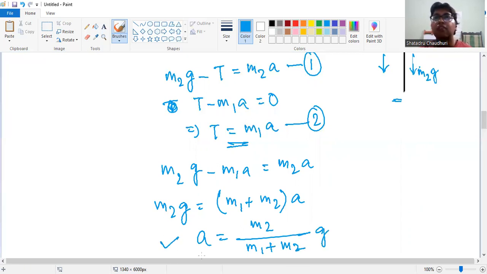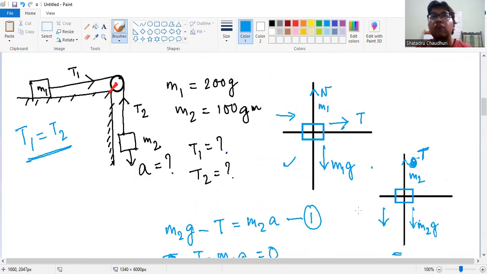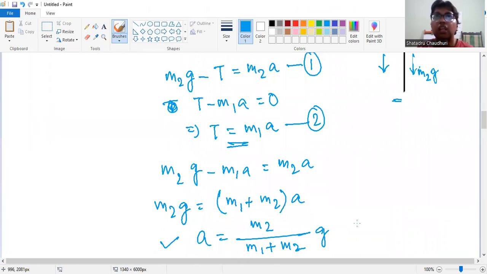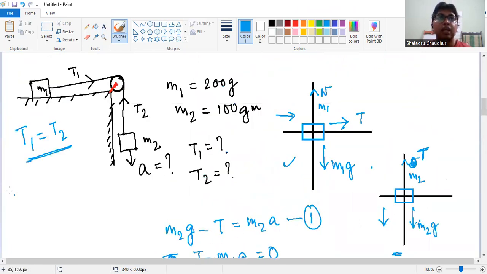तो यहाँ से हम लोग क्या देखें, तो if I now use the values that is M1 equals to 200, M2 equals to 100, and G equals to 9.8 meter per second square.